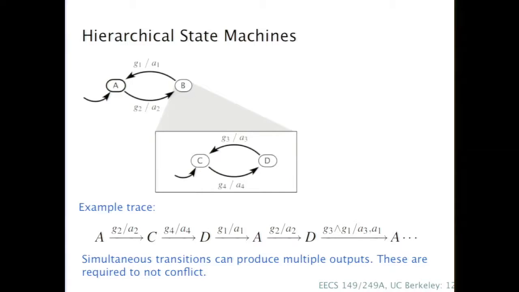The transition of the refinement doesn't occur in a distinct reaction from the transition of the containing machine. It occurs in the same reaction. It happens first, but within one reaction. So think of it as, okay, what it's expressing is the decision logic of trying to decide what the values of the outputs should be in this reaction.